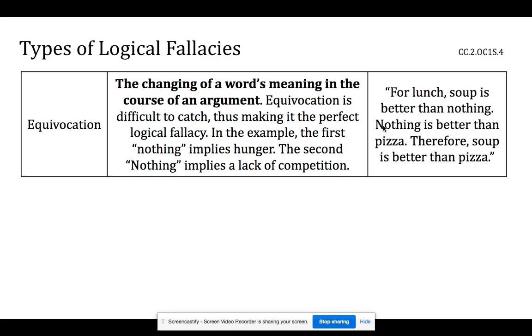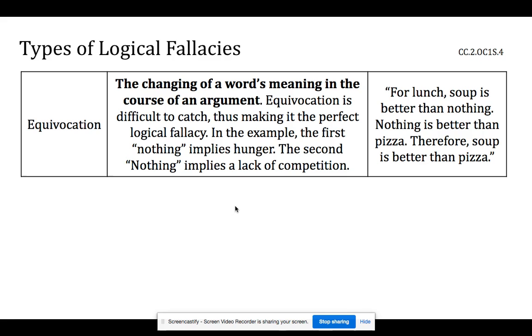But then here, nothing is better than pizza. So soup sucks, but it's better than eating nothing. Then here, you're like, nah, nothing's better than pizza. Pizza's the best. It's one word, but there are two different meanings here. So that's a homonym.